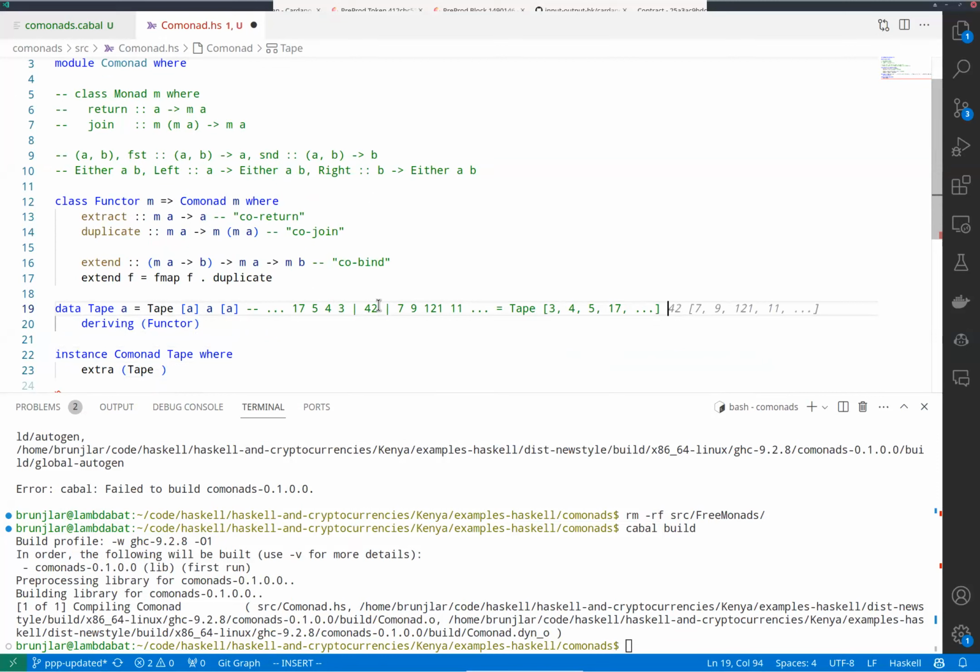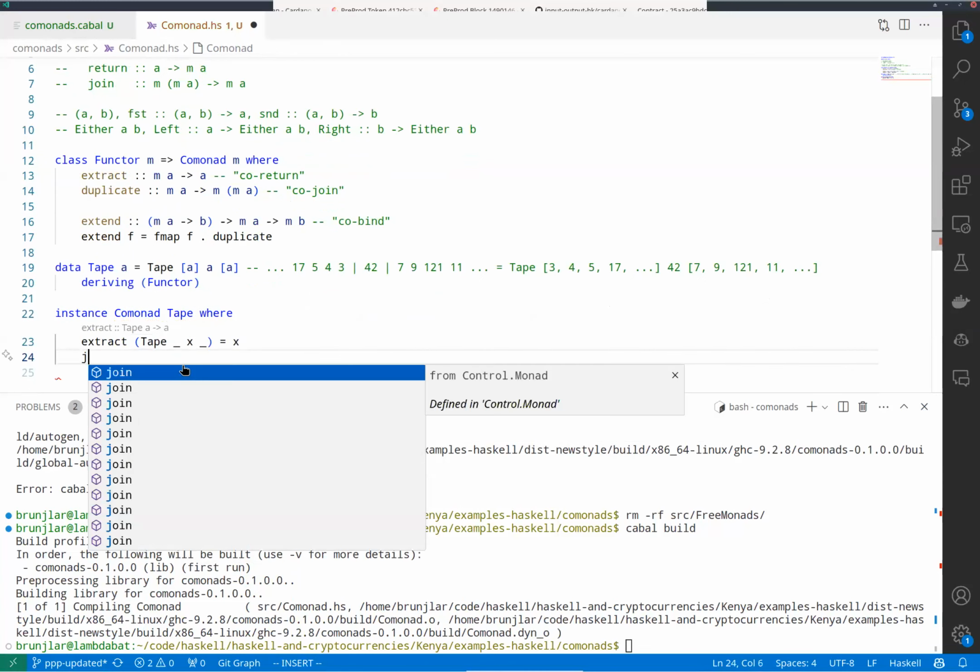Then the thing in focus would be the 40. So this list is the other way around. It starts at the center, and these are the elements on the left of the element in focus, and these are the elements on the right. That's the way I want to interpret this. So extract would ignore the things on the left and on the right and just give me that one element.